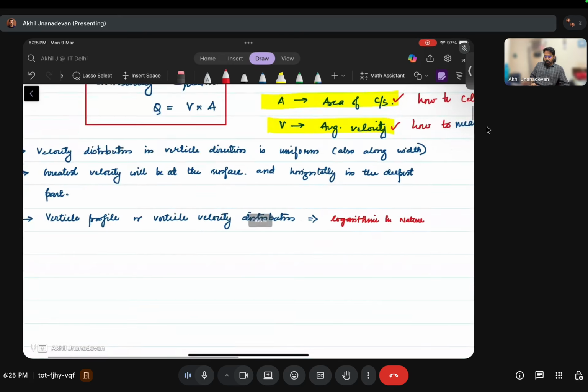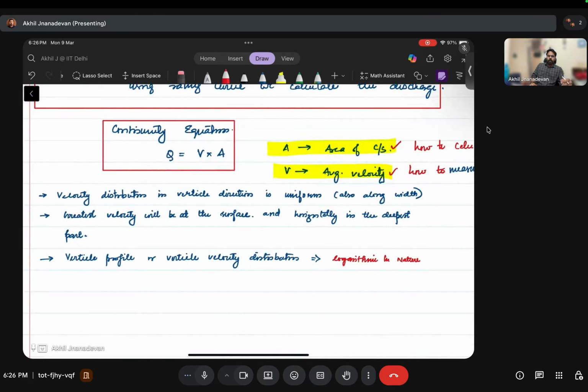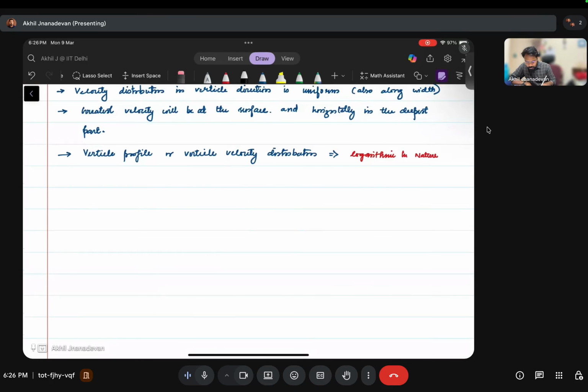In fluid mechanics or open channel hydraulics, you would have already seen how we measure the average velocity for such a case. There are two ways to calculate this. To calculate average velocity in such a case, case one is for shallow streams, that is, depth less than 3 meters.